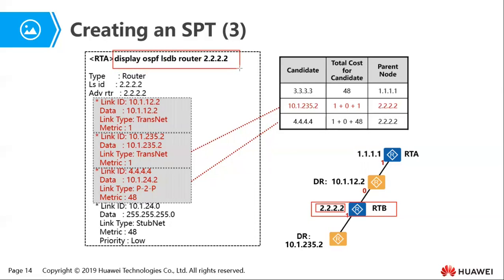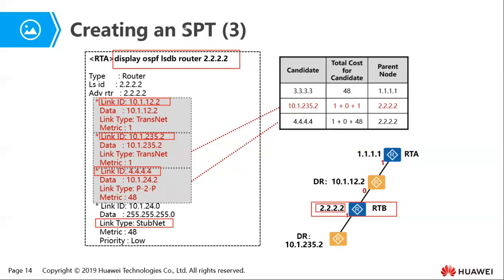For example, if we press display OSPF LSDB router 2.2.2.2, we can see the networks that have been attached to this particular router. We can see that it is attached to this one, to this one, and also to this one. And this is just a stubnet, so we are not going to consider it.